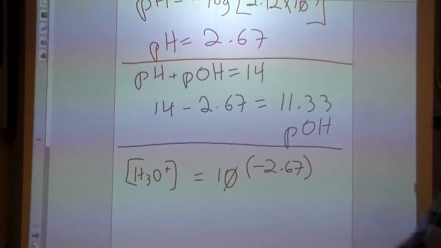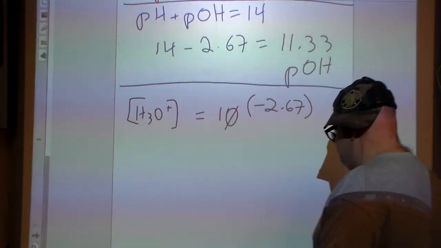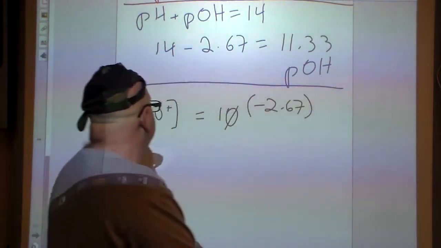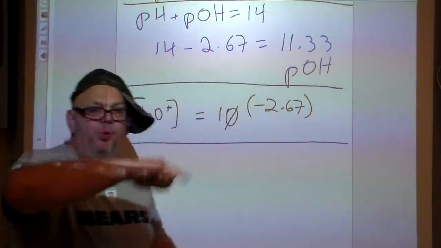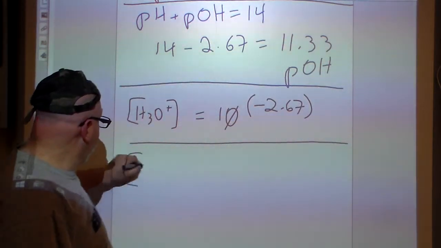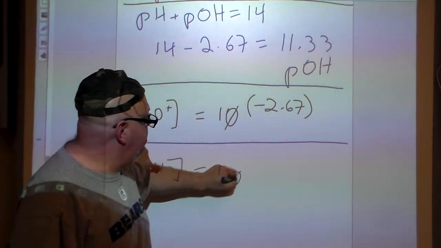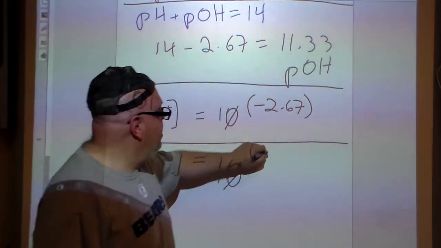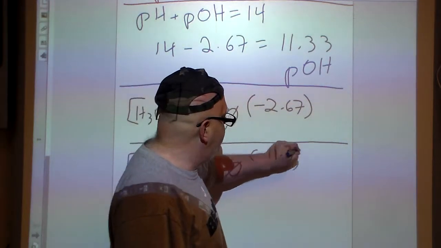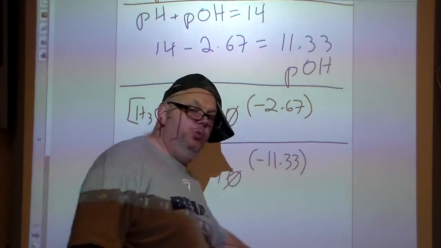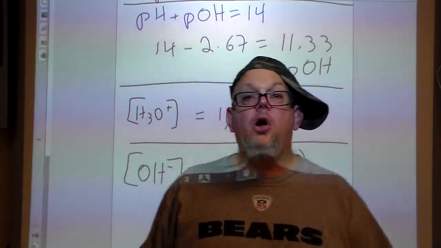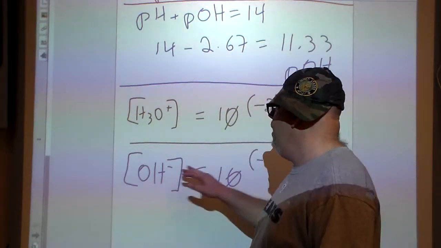That's going to give us our concentration of H3O+. But hey, there's one more round. We're going to look at the concentration of OH minus, which is also equal to 10 to the negative 11.33. And that will give us our concentration of OH minus.